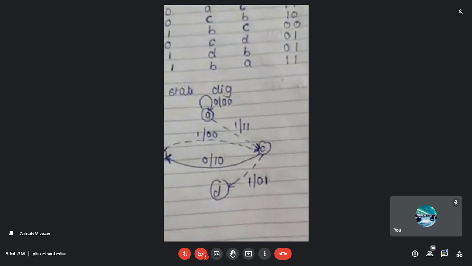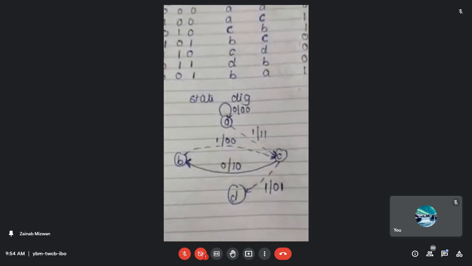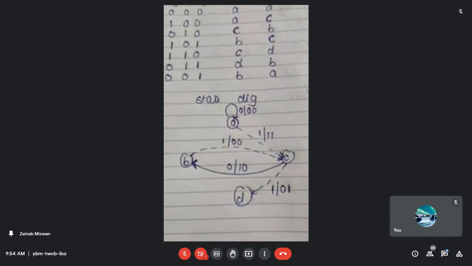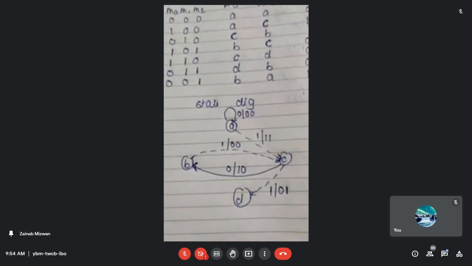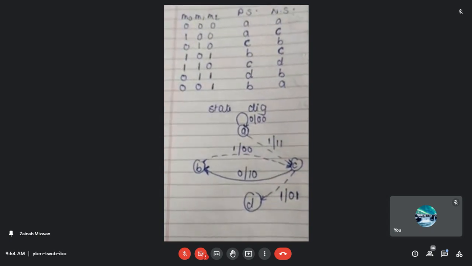I hope everybody who is doing it with me is drawing this state diagram, so it will be very easy, because in the exam they always ask you a state diagram. Then we will be moving to the code tree, which is a bit more difficult than the state diagram, and then the trellis diagram, which is much more difficult than the code tree.